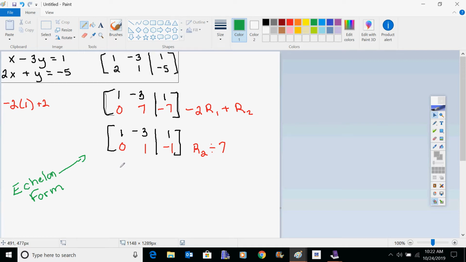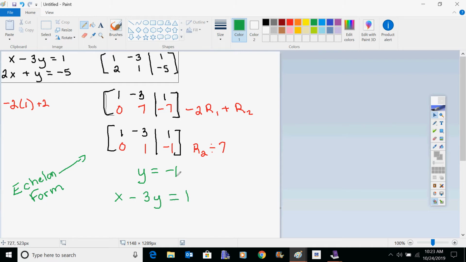So 0x plus 1y equals negative 1. 0x plus 1y equals negative 1. So here we're given your y value. Okay? This one still represents x minus 3y equals 1.